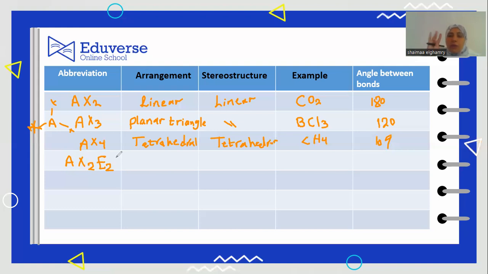So we have 4 things surrounding the central atom. So its arrangement is tetrahedral. But the stereostructure will be different. Why? Because we have lone pairs of electrons. So the stereostructure will be angular.